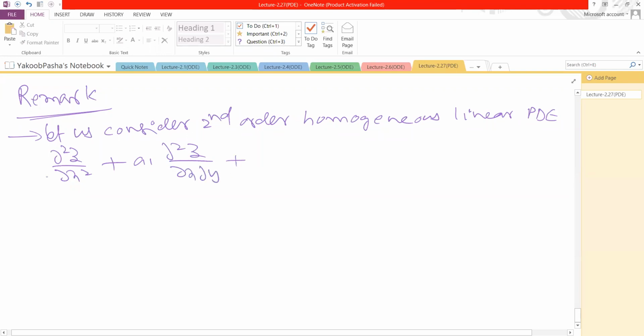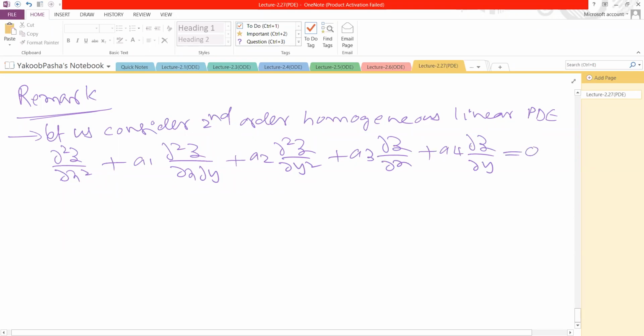Remember the coefficient of dou square z by dou x square should be 1, and a1 may be a constant, whatever the value. Plus a2 dou square z by dou y square plus a3 dou z by dou x plus a4 dou z by dou y is equal to 0.